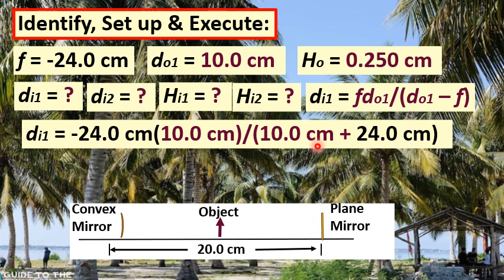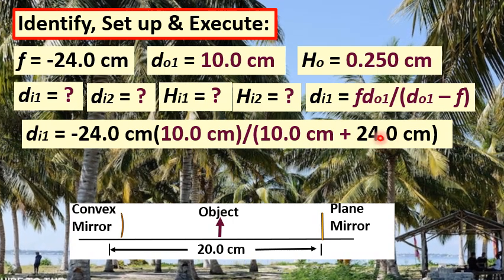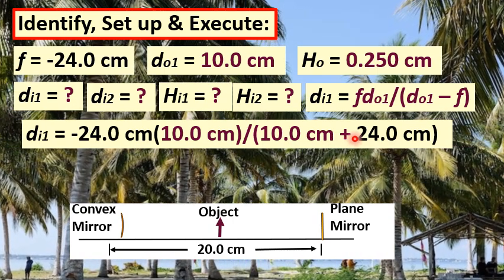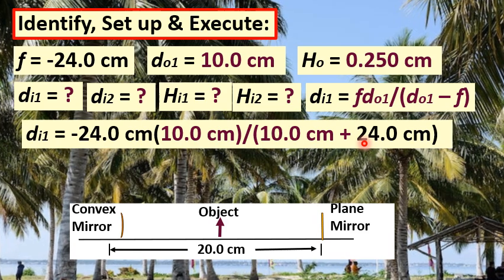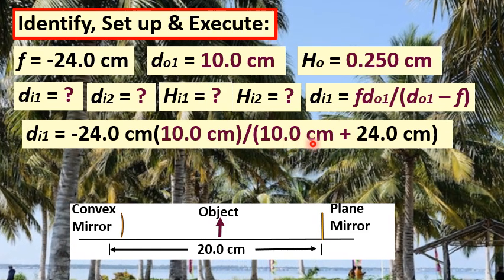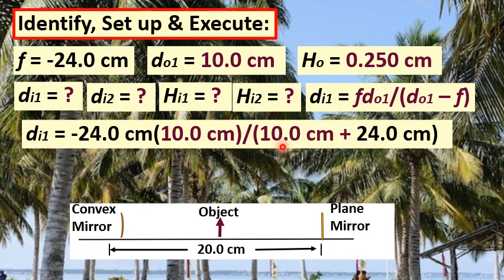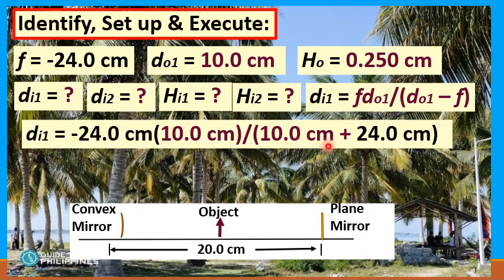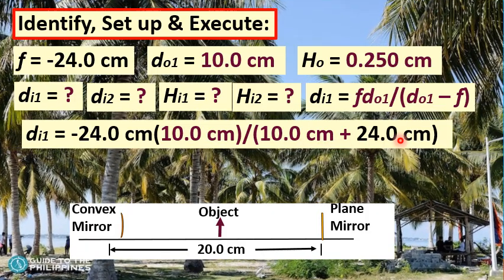And since we have a double negative, the quantities in the denominator become 10.0 centimeters plus 24.0 centimeters.